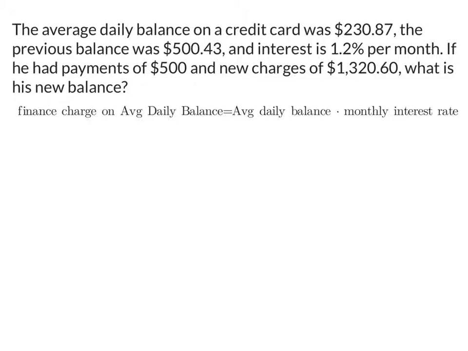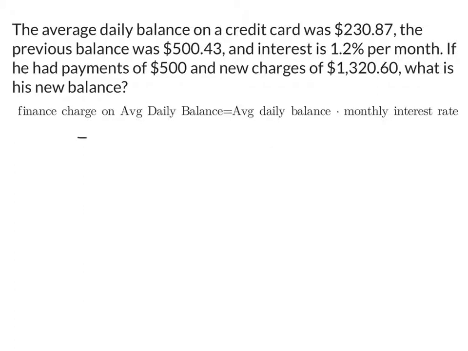In order to solve this problem, we're going to use the finance charge on the average daily balance formula. This tells us to multiply the average daily balance by the monthly interest rate. Once we find the finance charge, we can use the information about the purchases, payments, returns, and the finance charge to calculate the new balance. First we'll calculate the finance charge.